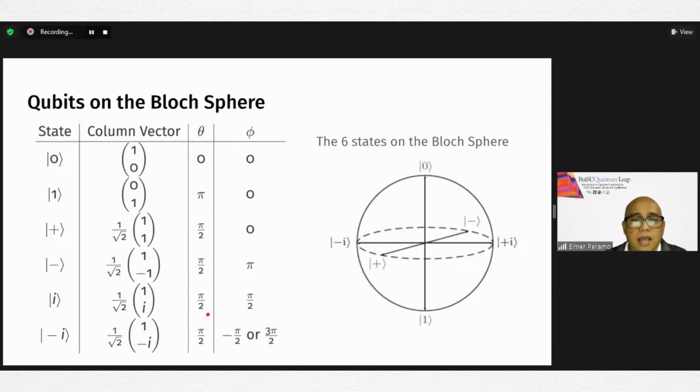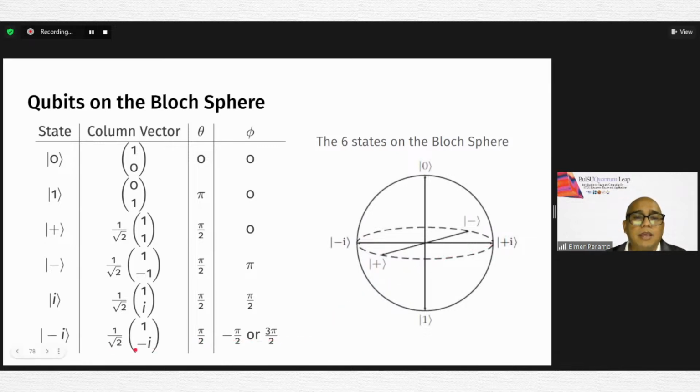So as you can see, the angle theta of ket i is pi over 2. Since from here to here is pi over 2, the value of the azimuthal angle, or phi, is pi over 2, because from plus to here is pi over 2.